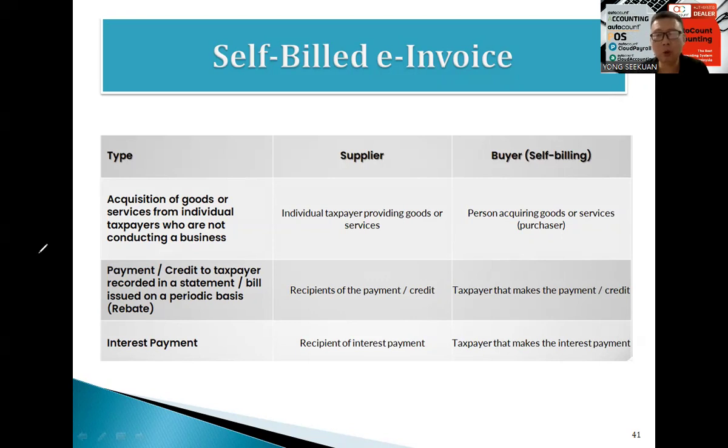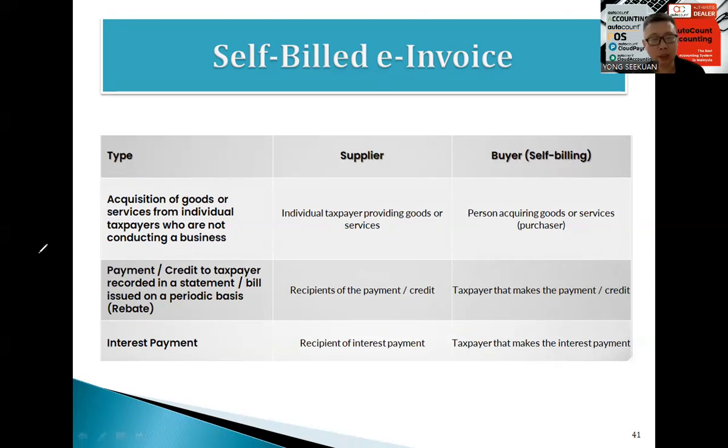If the housewife knows how to do accounts, why not help a company that doesn't have an accountant, as a freelancer, right? So you issue a payment voucher, let's say every month they charge you 500 ringgit. You pay her the 500 ringgit, you issue the payment voucher, then you need to self-bill.